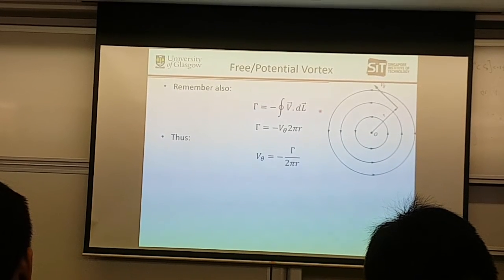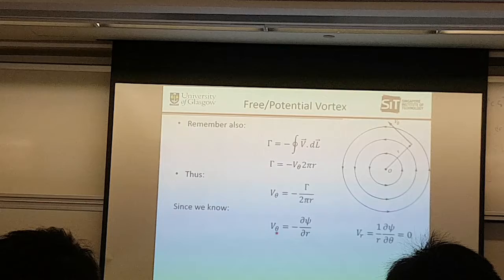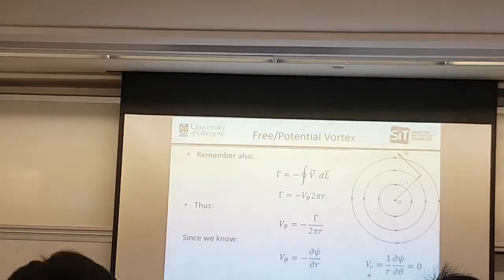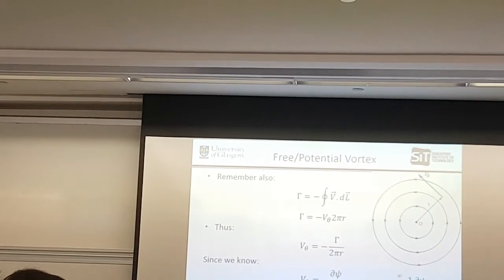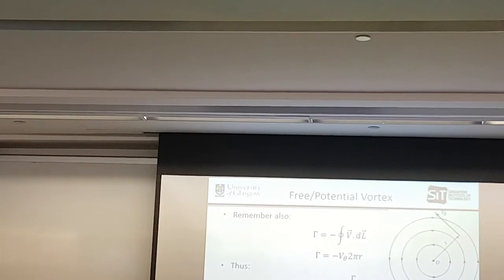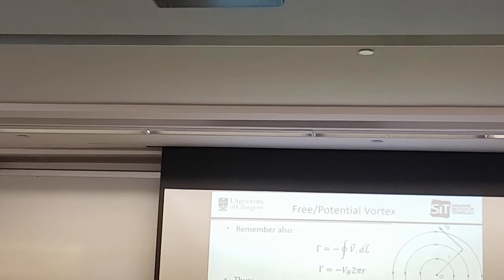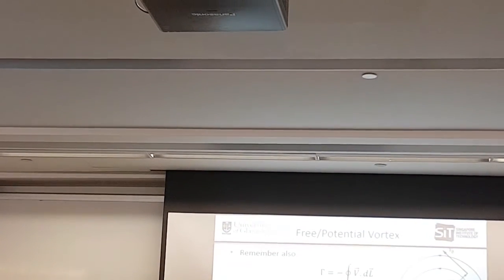Now if I know V theta, we know how V theta is related to my stream function, and also how my radial velocity is related to my stream function. But because for vortex flow the radial velocity equals 0, I cannot use this term to get my answer. Since I know my V theta is some value here, I can use this and do the integration.